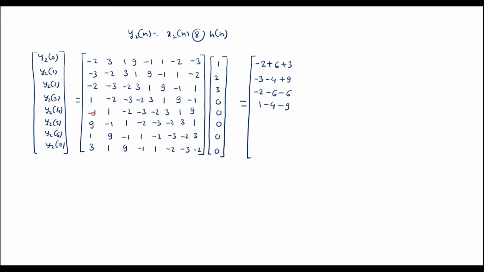Then we have minus 1 into 1 is minus 1, 1 into 2 is 2, minus 2 into 3 is minus 6. Then we have 9 into 1, 9, plus minus 2. Then 1 into 3 is plus 3. 1 into 1 is 1, plus 18, minus 3. Then last row is 3 plus 2 plus 27.